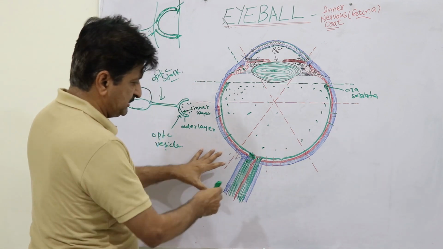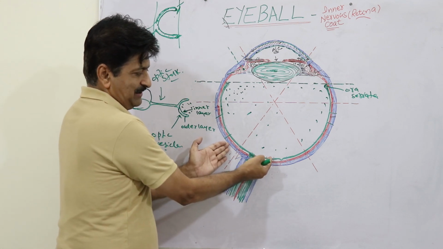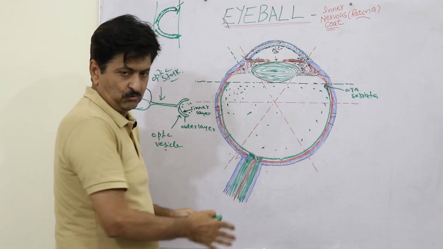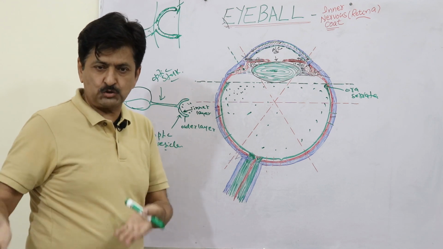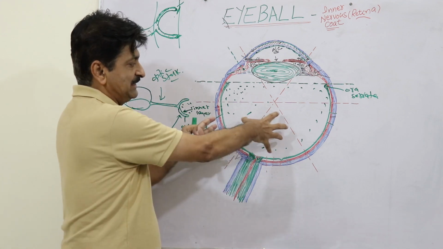So this retina which I am showing you here has the choroid outside, because choroid is also available in the 4/6, and inside has the vitreous.